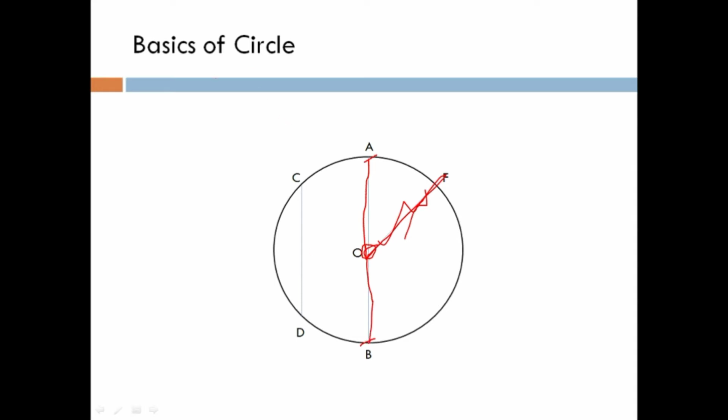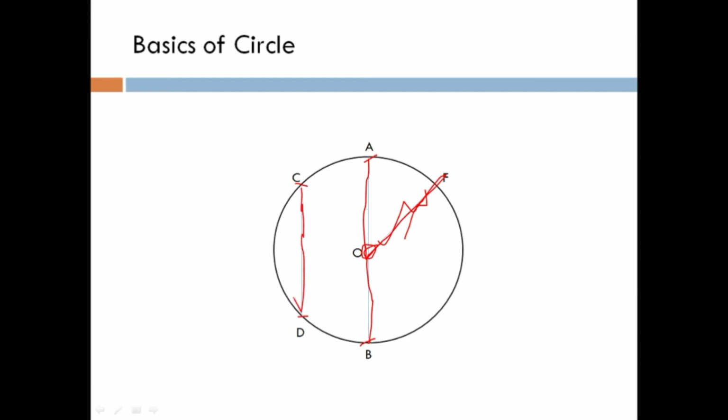Next is the chord of the circle. The same definition goes for this, that is a line joining 2 points which lie on the circumference of the circle. In this case, C and D are the points which lie on the circumference of the circle, and this line joins these 2 points.